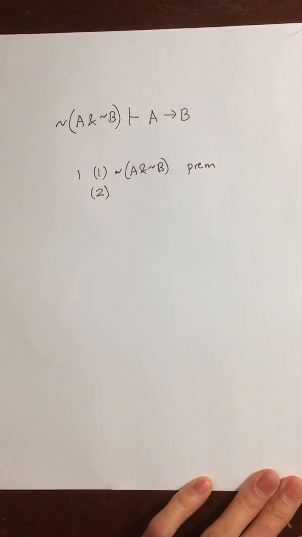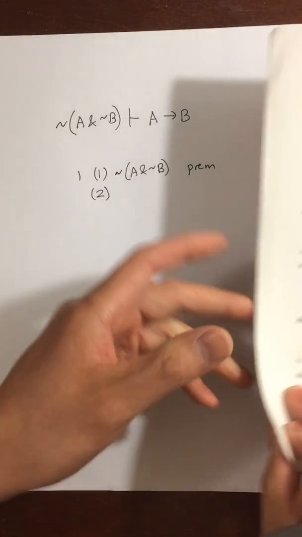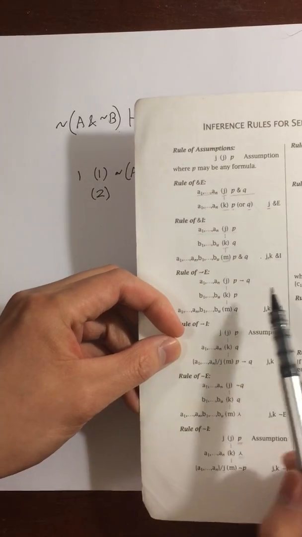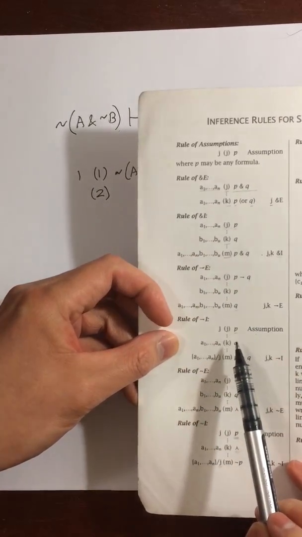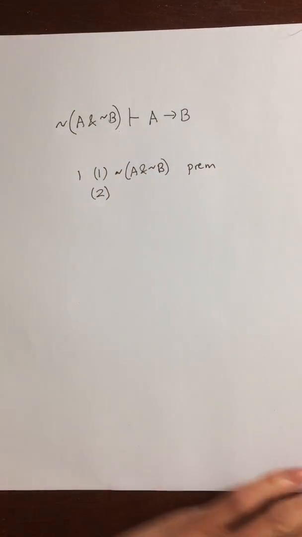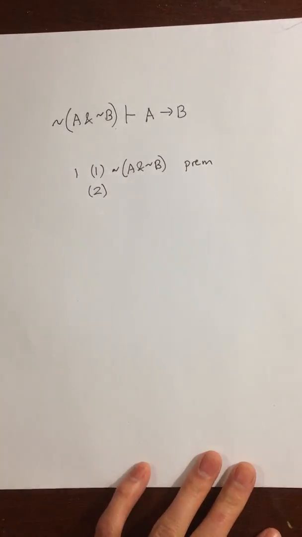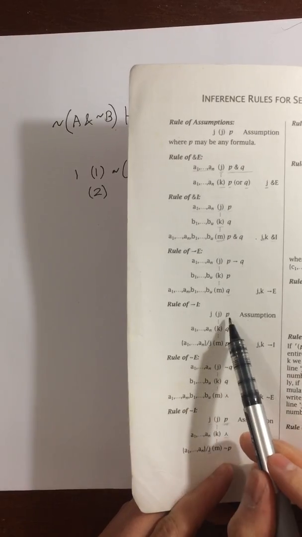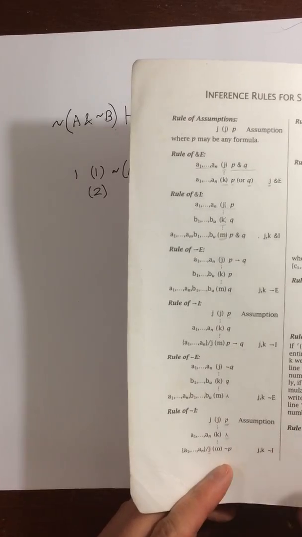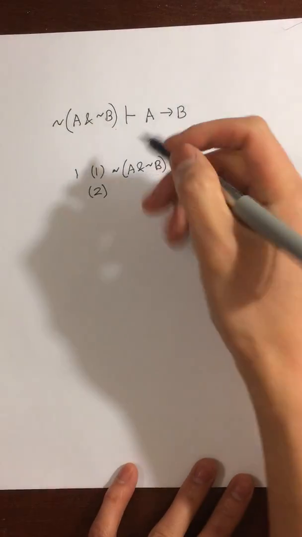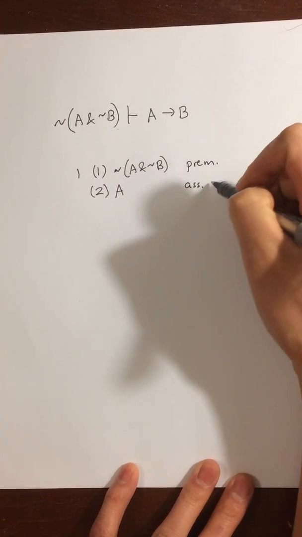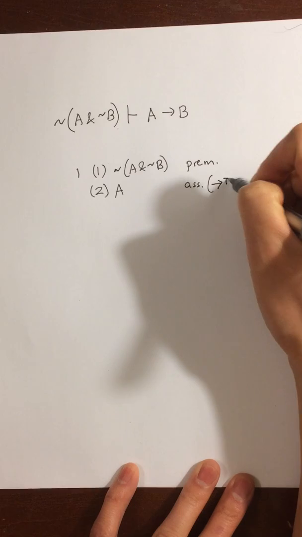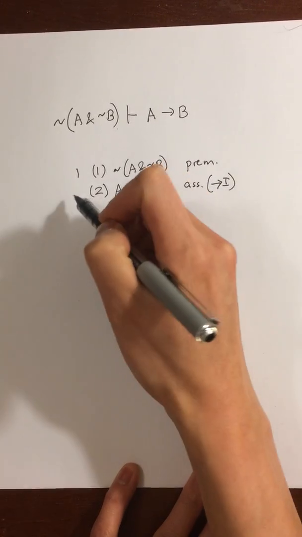And so to use arrow introduction, or conditional introduction, I'm sorry, you need an assumption, right? And so here we'll assume A because that's the antecedent, which matches the structure of the rule. So we have to assume A, and here I'll write my note that I'm going to discharge it when I use arrow introduction.